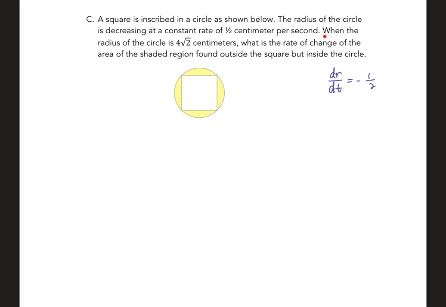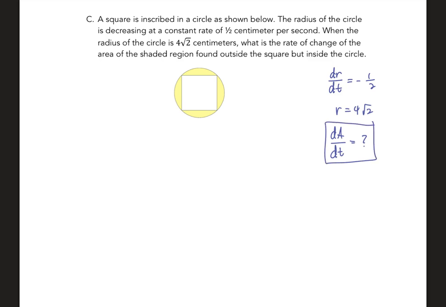They say when the radius is 4√2 centimeters, so when r is 4√2, what's the rate of change of the area of the shaded region? So they want dA/dt, for the shaded region outside the square but inside the circle. We'll say that equals question mark.